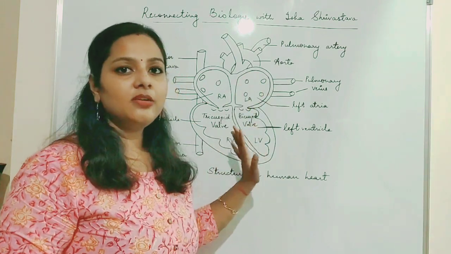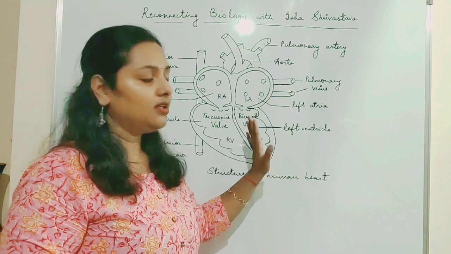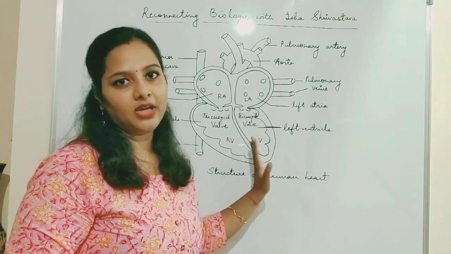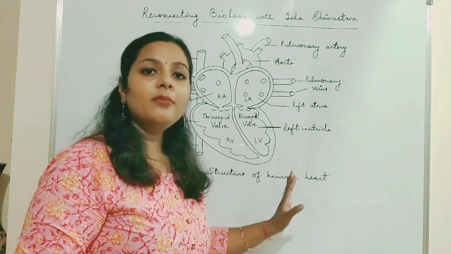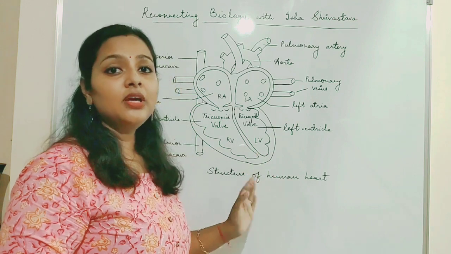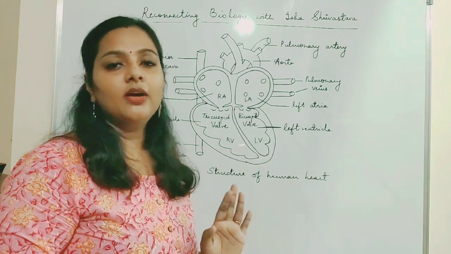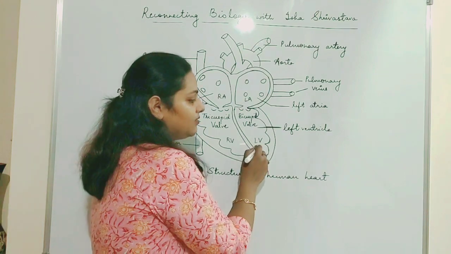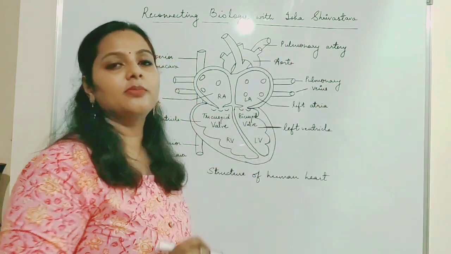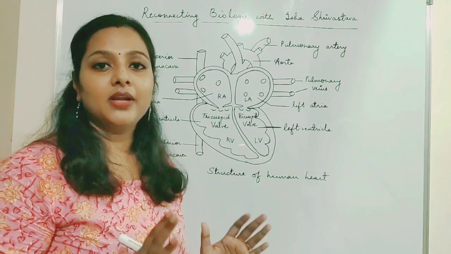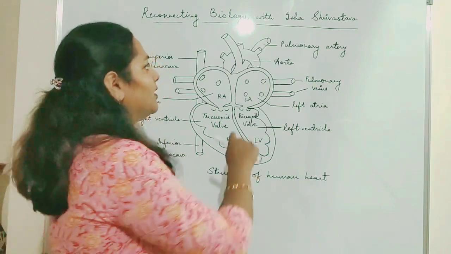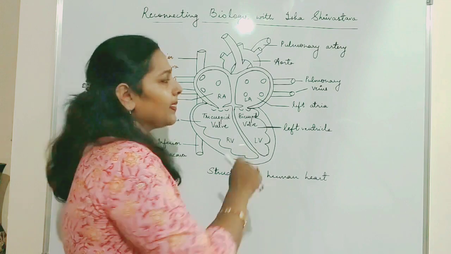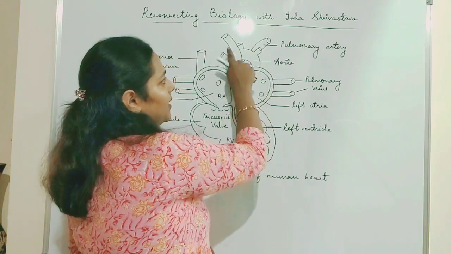Now my oxygenated blood is present in the lowermost or the last chamber of the heart, that is the left ventricle. From here, the blood has to flow to the rest of the parts of the body. So the blood will be taken from the left ventricle through the biggest, major blood vessel, which is called the aorta. This aorta has branches.